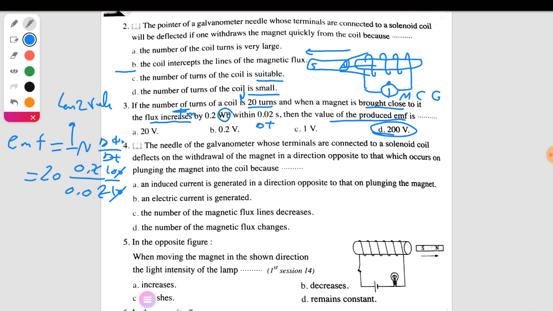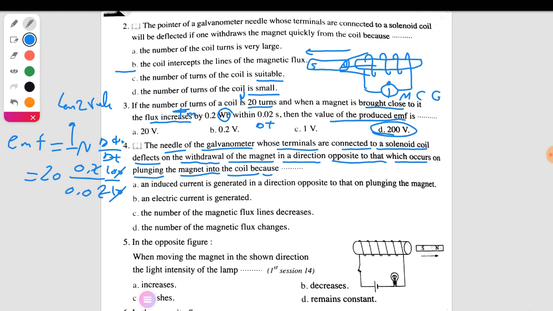In another question, the needle of the galvanometer whose terminals are connected with the solenoid deflects on the withdrawal of the magnet in a direction opposite to that which occurs in plunging the magnet into the coil, because an induced current is generated in a direction opposite to that on plunging the magnet.